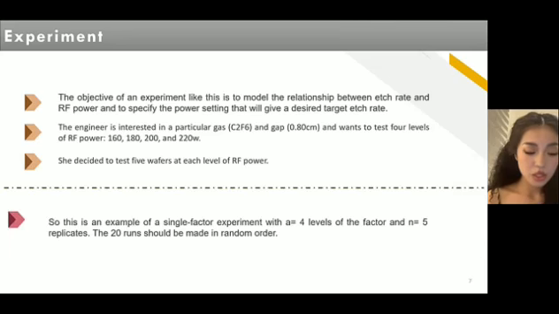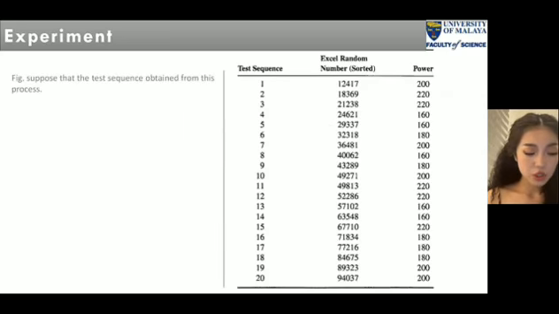She decided to test 5 wafers at each level of RF power. So this is an example of a single factor experiment with 4 levels of the factor and 5 replicates.